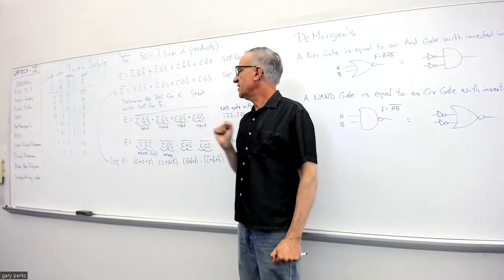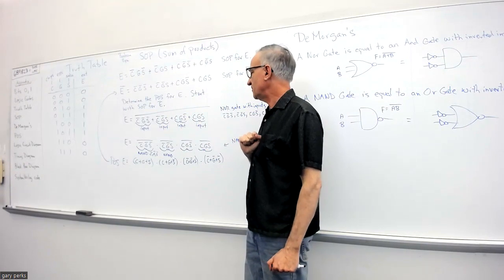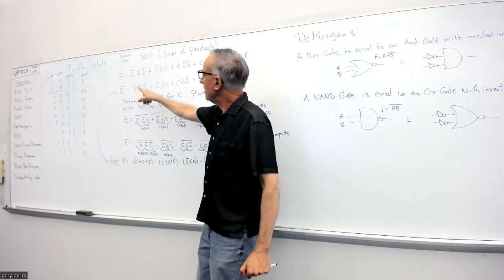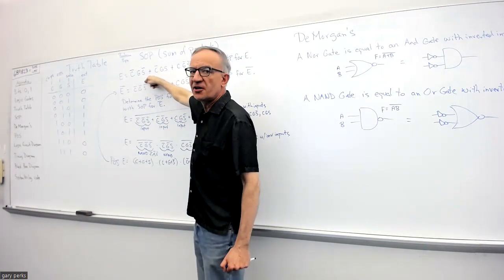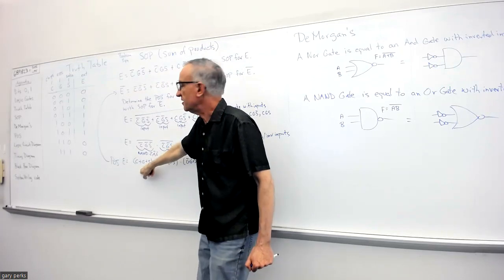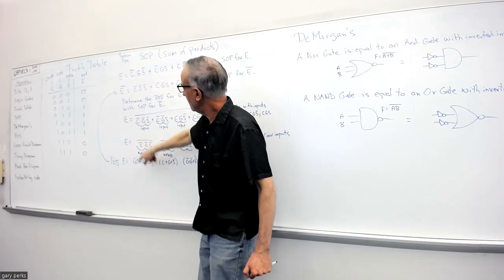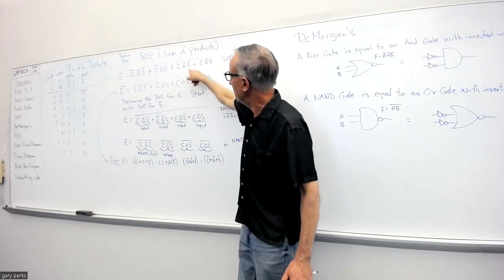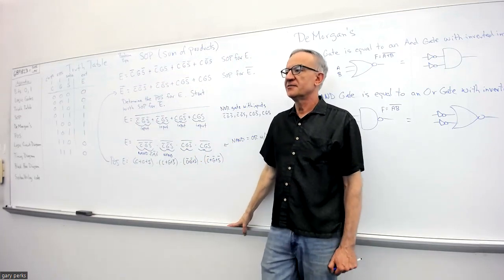But then what I expect that you can come up with, if you take a moment, is a shortcut to go directly from what we started with, the SOP for not E, to the POS for E. If you compare these two equations, how could you quickly go between these two? Do you see a pattern? What's the pattern?